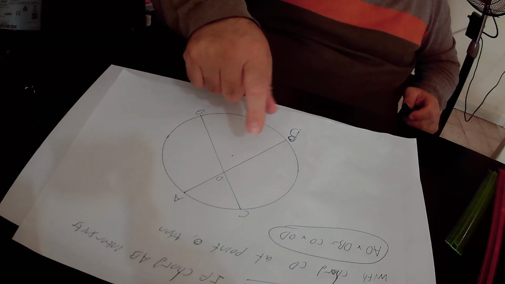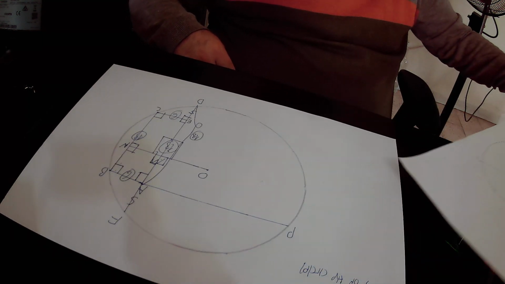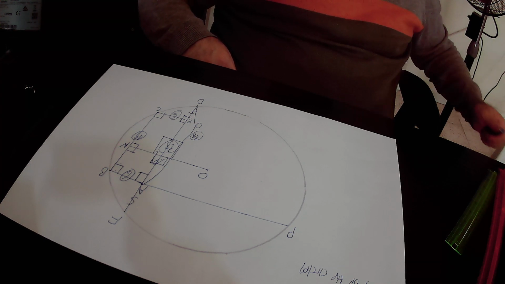Again, AO times OB equals CO times OD. We can implement the old rule number 2 in our drawing.